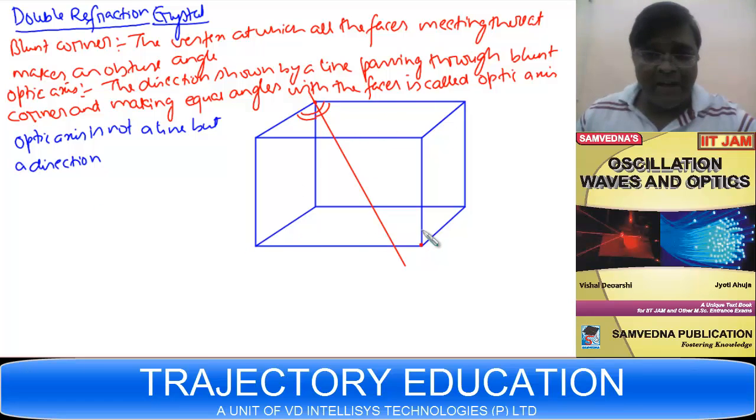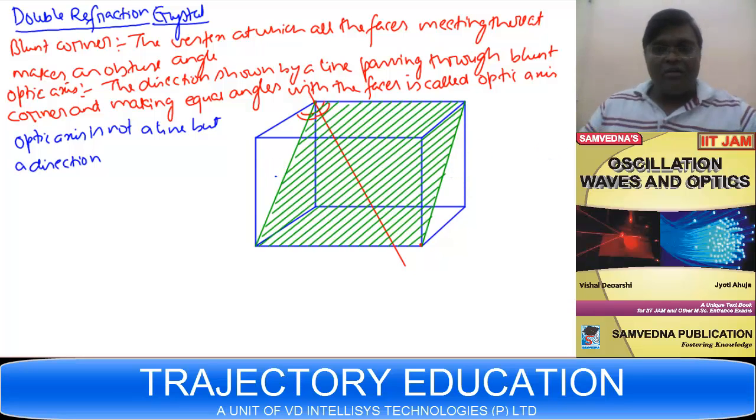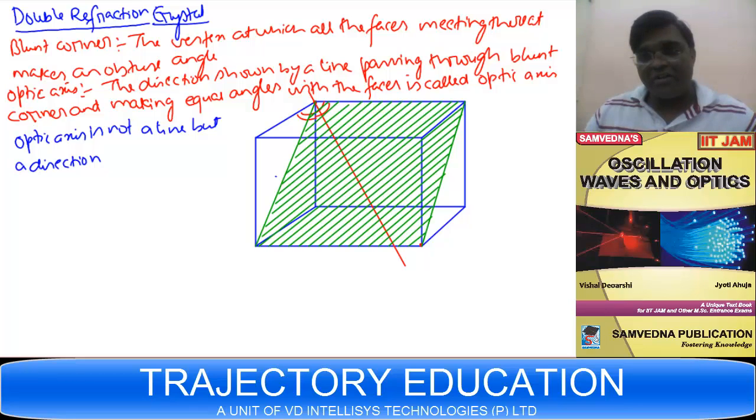Now draw a plane passing through this line and perpendicular to the pair of opposite faces, this face and this face. This is the plane. I will shade it.